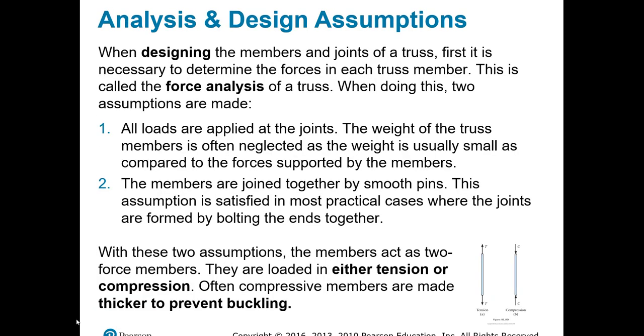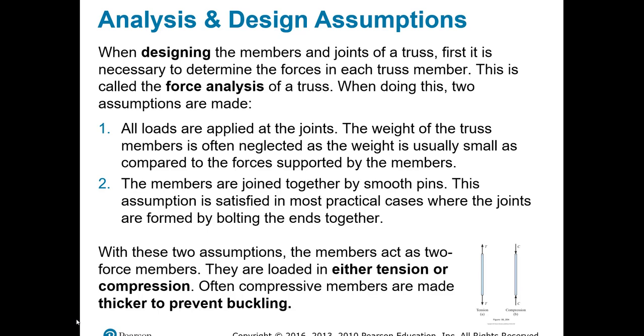So, analysis and design assumptions, and this is very important, and that's actually one of the things with this chapter. It has a lot of information about theory. So when designing the members and joints of the truss, first it's necessary to determine the forces in each truss member. This is called the force analysis of a truss. When doing this, two assumptions are made.